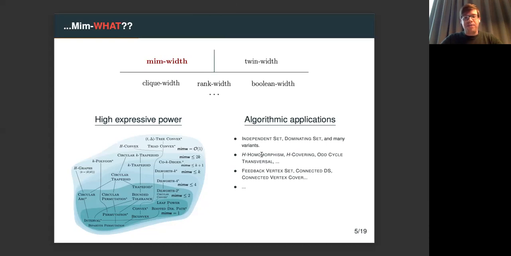And furthermore, you can solve problems that require some kind of connectivity of the solution, like connected dominating set or connected vertex cover, and problems asking for acyclicity constraints like feedback vertex set. And there are lots of other problems. So I just want to make the point that there are many algorithmic applications for mim-width if you're given a decomposition. It's still an open problem how to approximate mim-width in general.